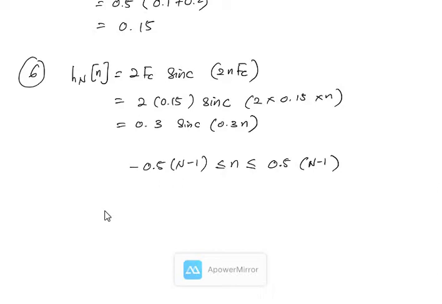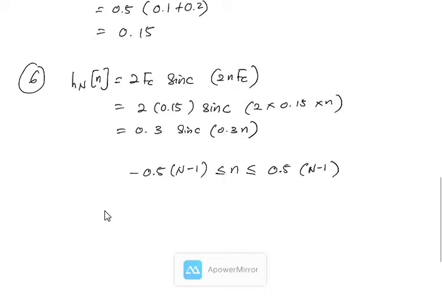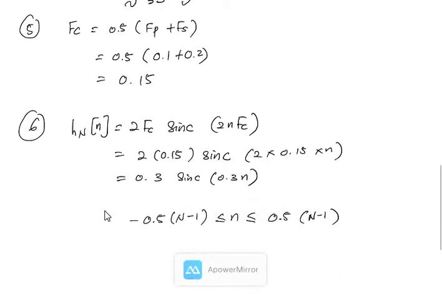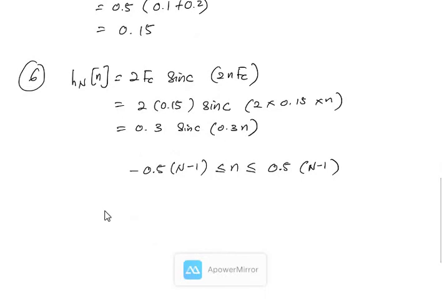So this is equivalent to N equal to 33, which is equal to this one. So minus 1 is 32, and 32 times 0.5, you get minus 16 to 16.